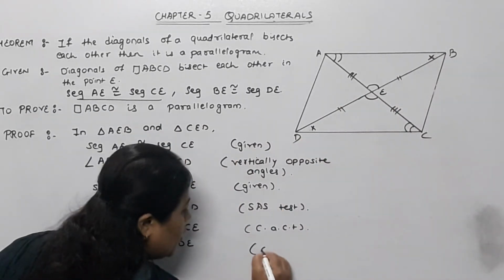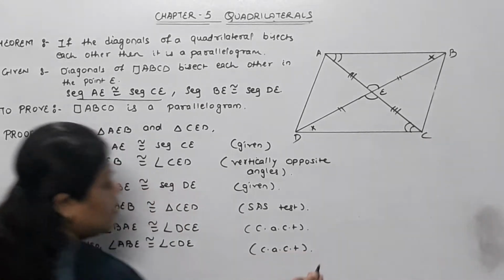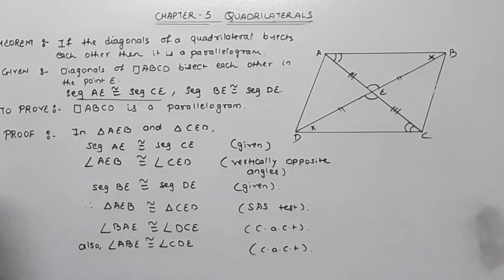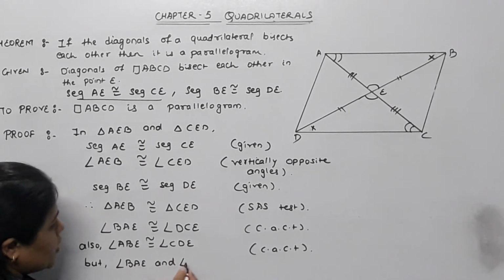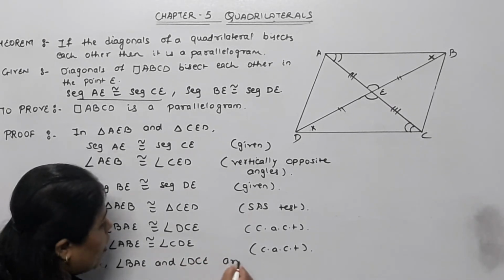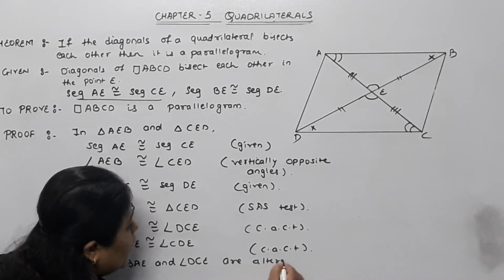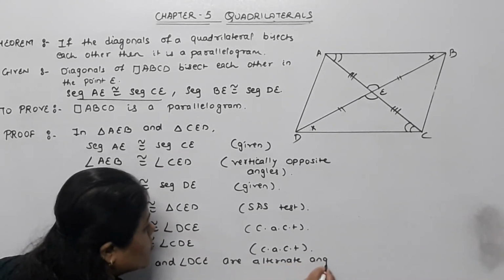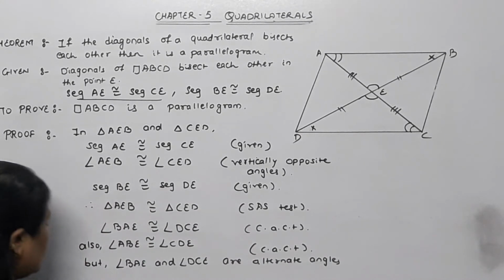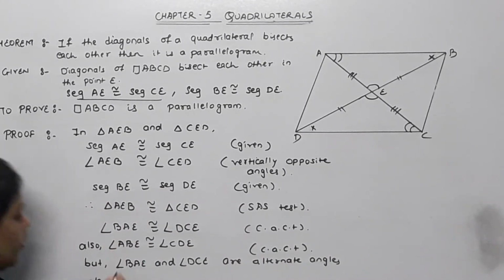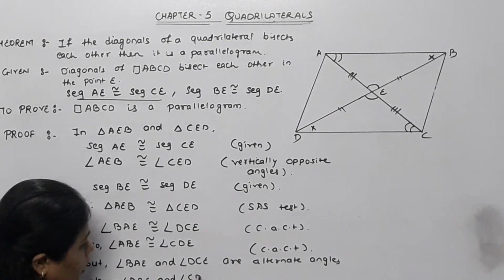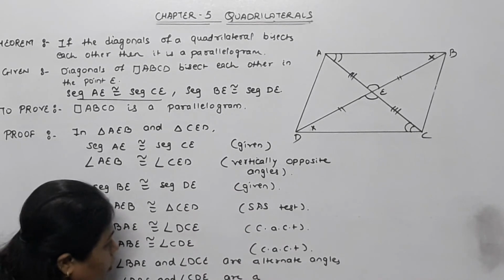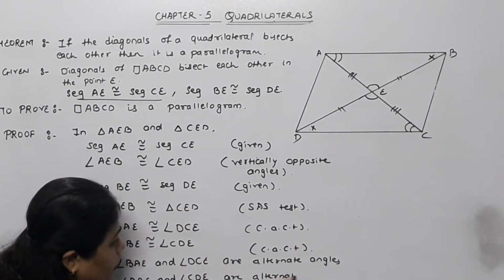This will also be corresponding angles of congruent triangles, right? But angle BAE and angle DCE are alternate angles, right? Also, angle ABE and angle CDE are alternate angles.